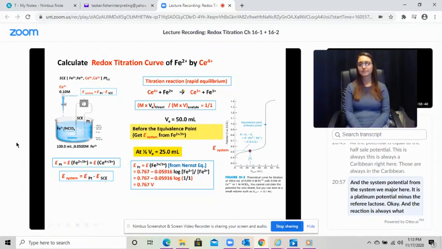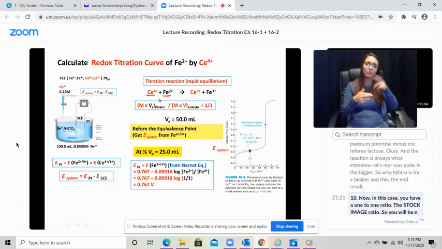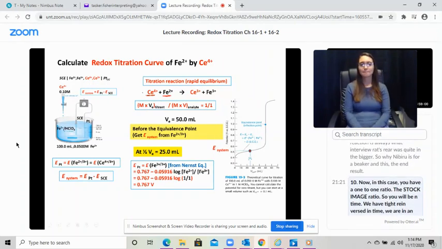And the reaction is always what is in the burette reacting with what is in the beaker. In this case, you have a 1-to-1 stoichiometric ratio. So it will be N times V of titrant versus N times V of analyte equal to 1-to-1.